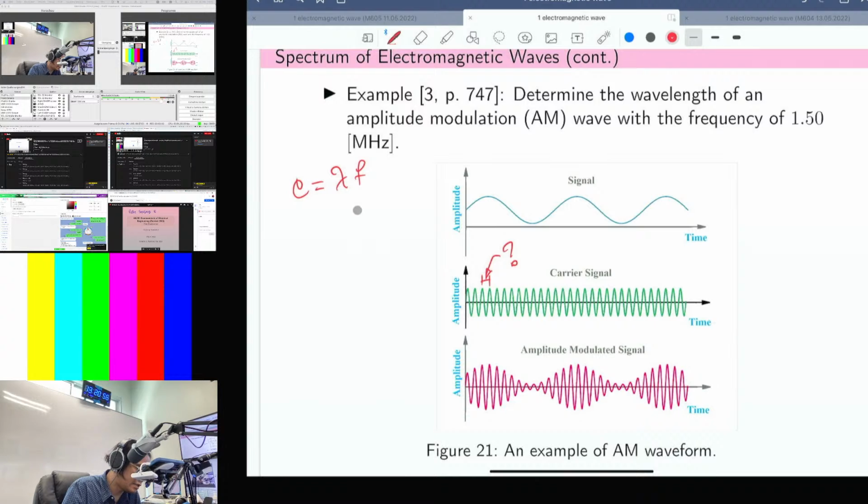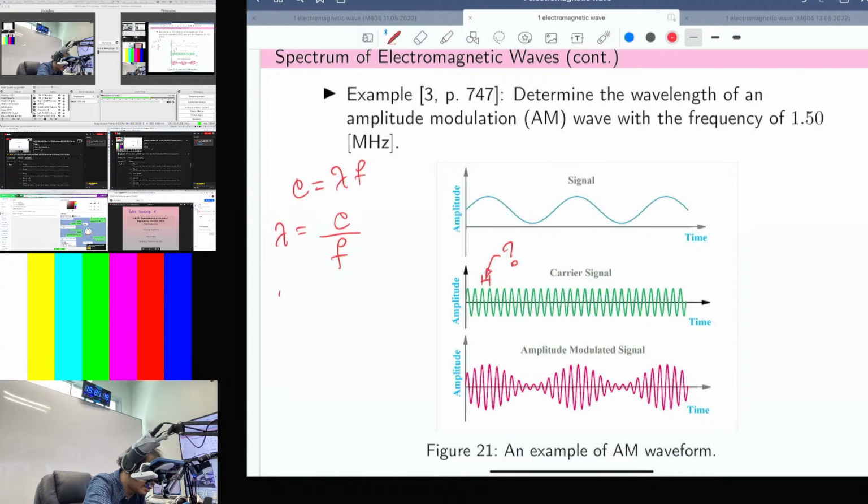That's c equal to lambda f, the desired expression. You just move the f to the left-hand side, because this is actually a simple expression. Lambda is going to be the ratio between c divided by f.